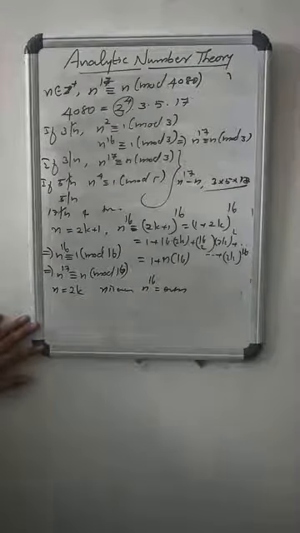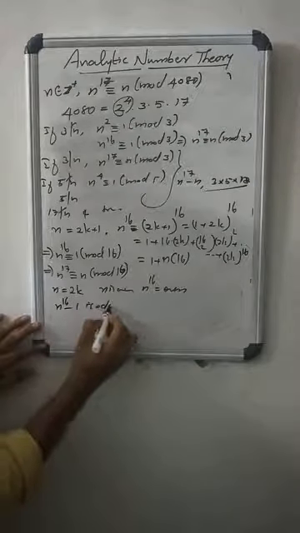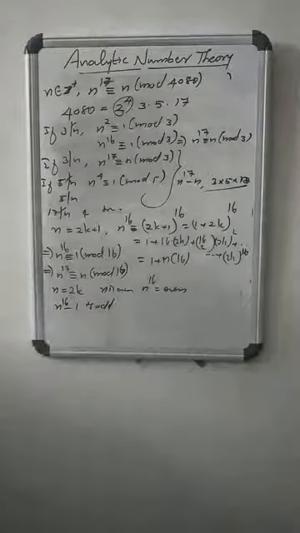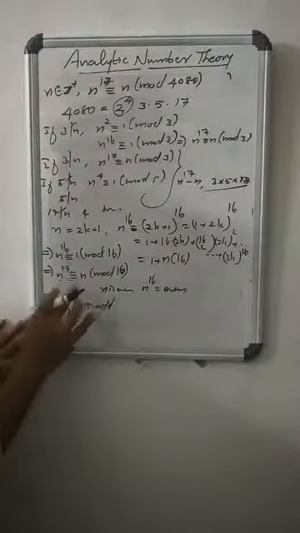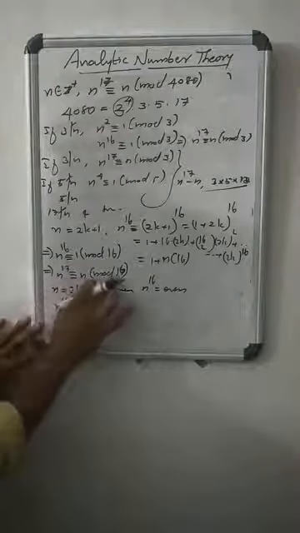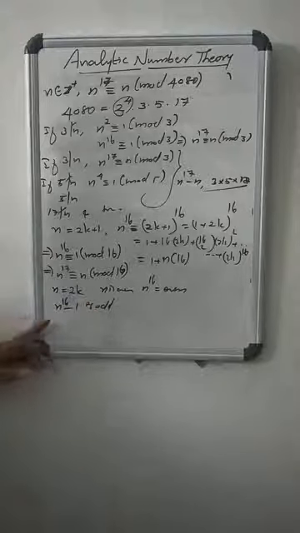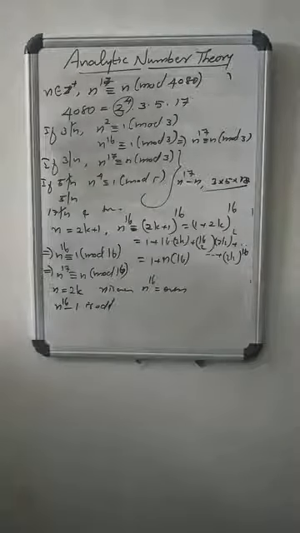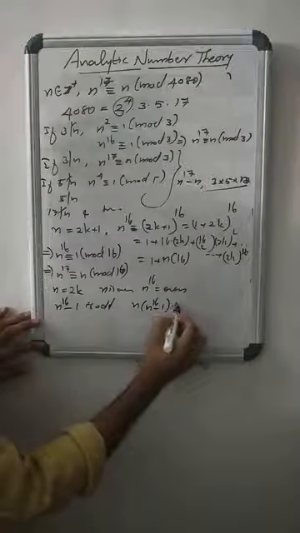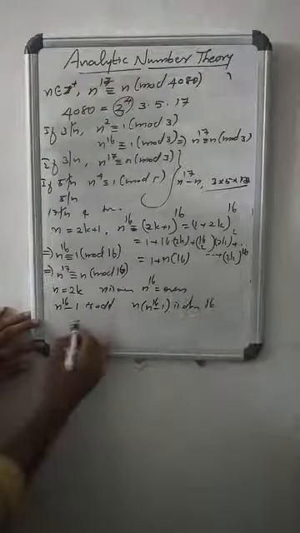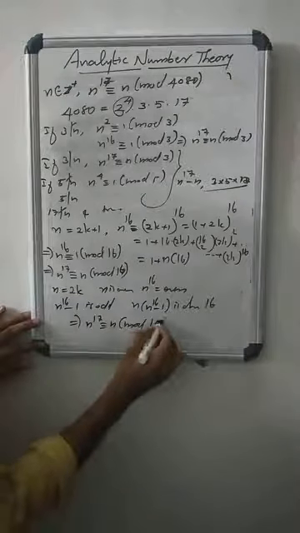That means n power 16 minus 1 is odd. When n power 16 minus 1 is odd, surely n into n power 16 minus 1 is divisible by 16, because n is even. That means n power 17 is congruent to n mod 16.